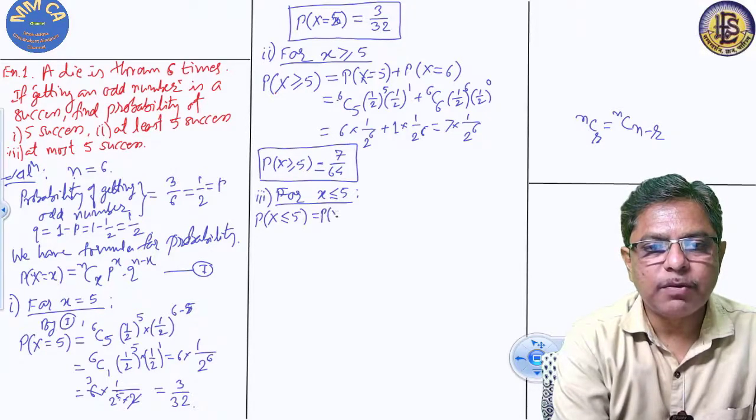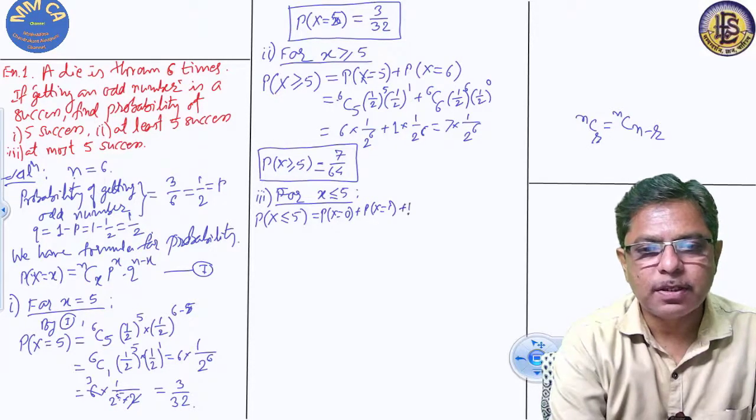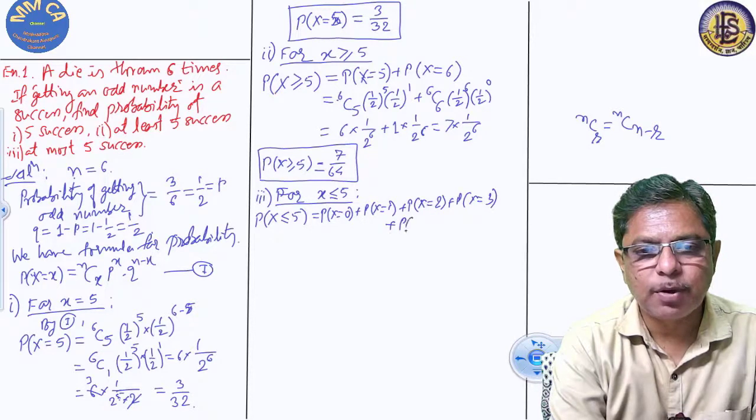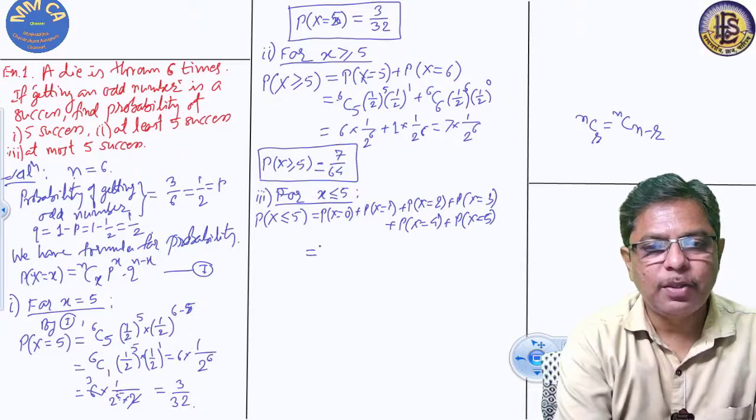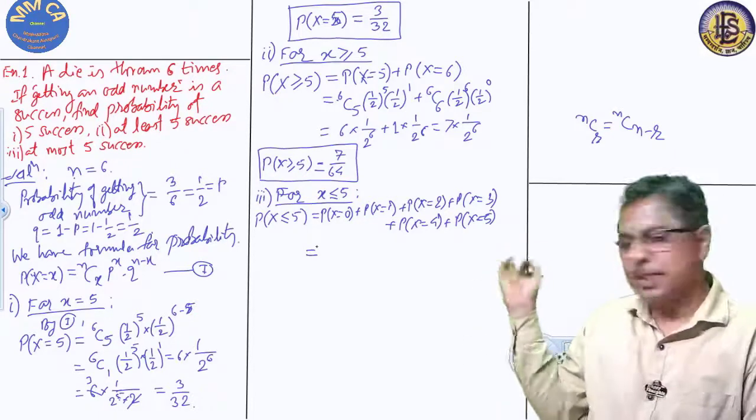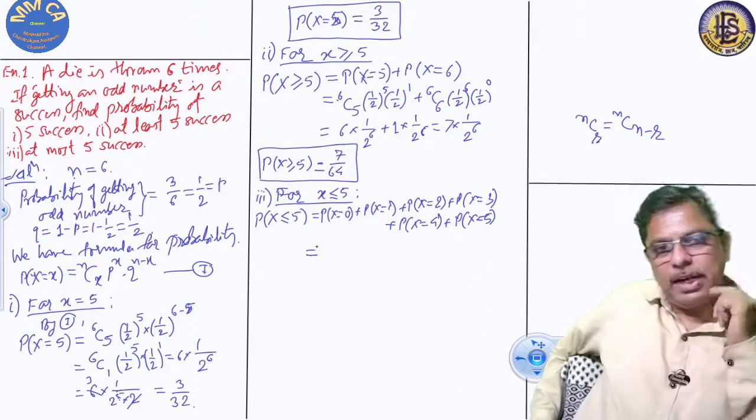Probability of X is equal to 0 plus probability of X is equal to 1 plus probability of X is equal to 2 plus probability of X is equal to 3 plus probability of X is equal to 4 plus probability of X is equal to 5. We have to calculate this 6 times, but there is one alternative way.